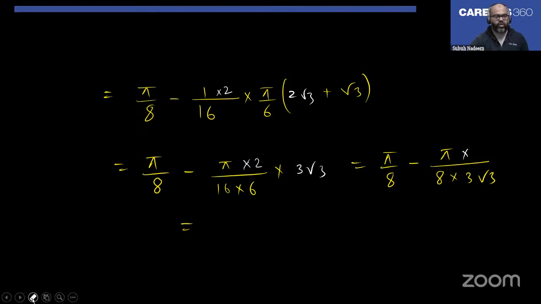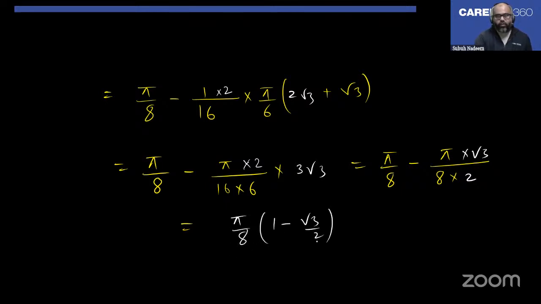So it is 2 by root 3. We have got pi by 8, and this is 3 root 3 by 6, which will become root 3 by 2. So this is pi by 8 into 1 minus root 3 by 2. Is this the answer?